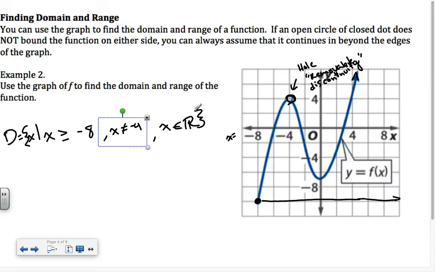In terms of the range of the function, which we'll call R for range, the way that you always find it is you look at the lowest possible y value, and then you look at the highest possible y value, and that usually becomes your interval. If I look on the graph, the lowest possible y value here is y equals -9.